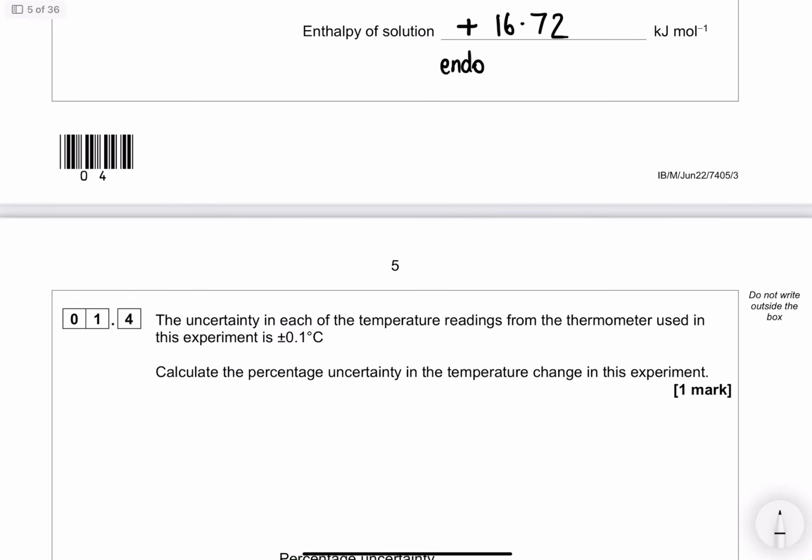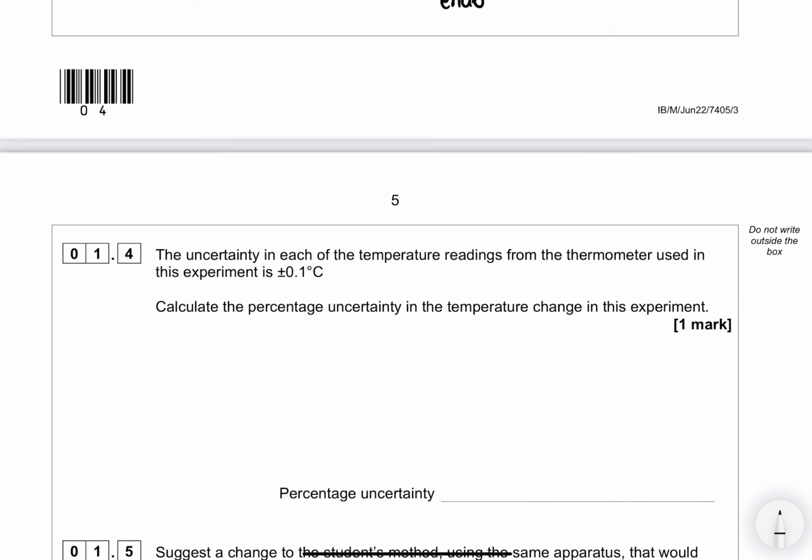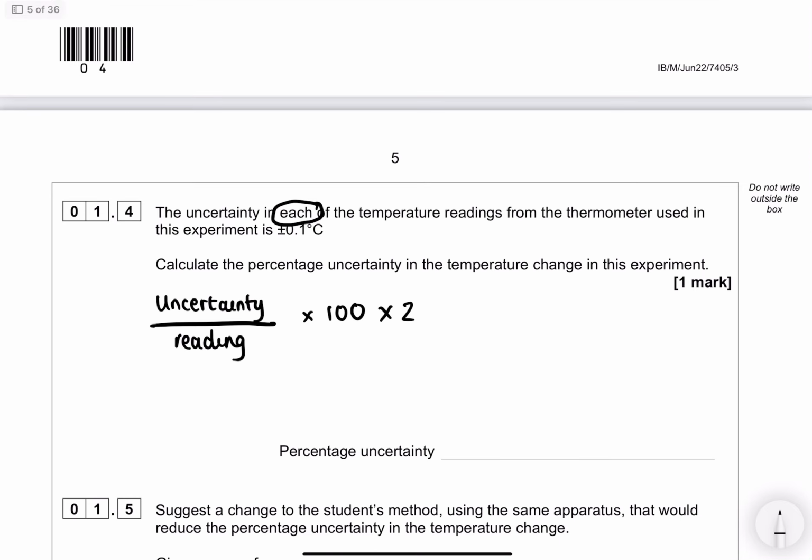The uncertainty of each of the temperature readings from the thermometer used is 0.1 degrees C. Calculate the percentage uncertainty. So we want to take the uncertainty and divide by the reading and times by 100%. But we've got this word each and we did 2 thermometer readings, so we'll need to double our uncertainty.